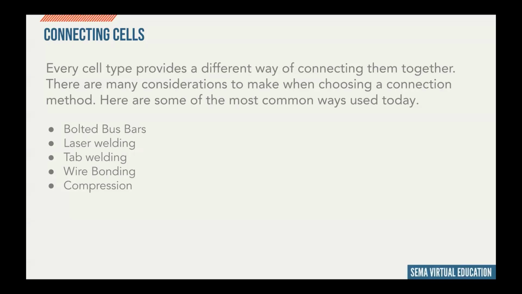Compression connections are much less popular and can be very, very tricky to design. But the best example of a compression system is what you'd have in a TV remote, where there's a spring that applies pressure connecting the negative and positive leads to a battery cell.